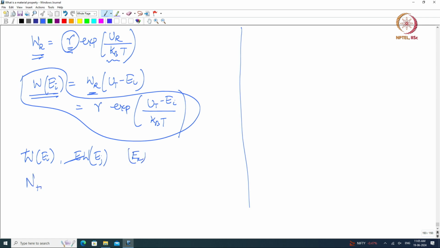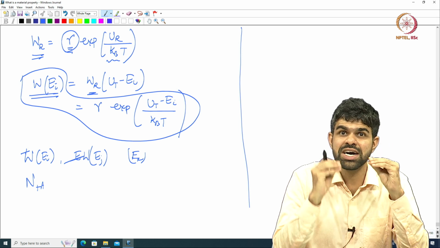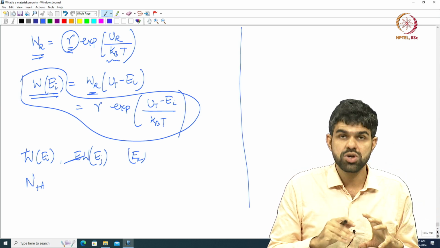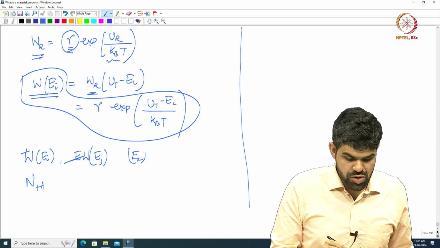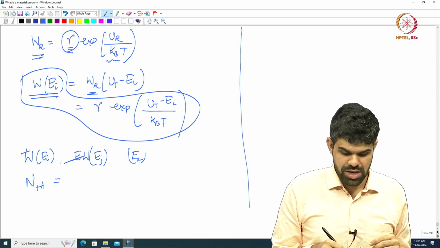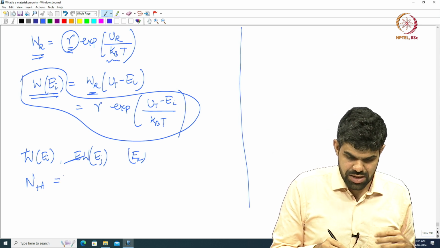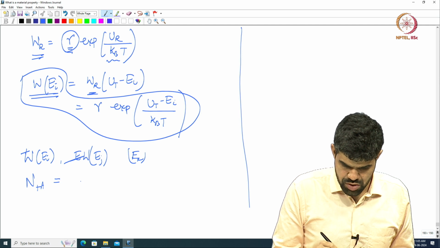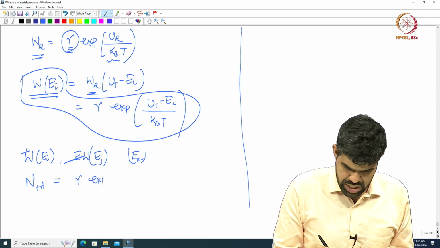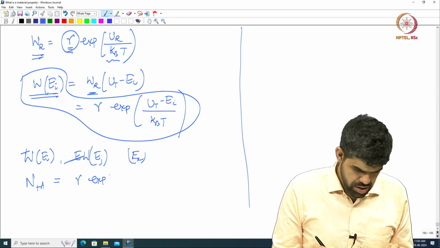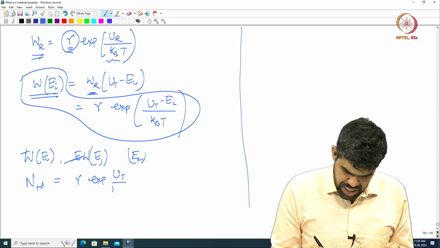So the total W of my system now: I'm going from these micro systems of just defining EI, EJ, EK to all these energy levels existing in one system. So the total number of microstates will just be a summation of all these things, which is just gamma exponential of UT by KBT.